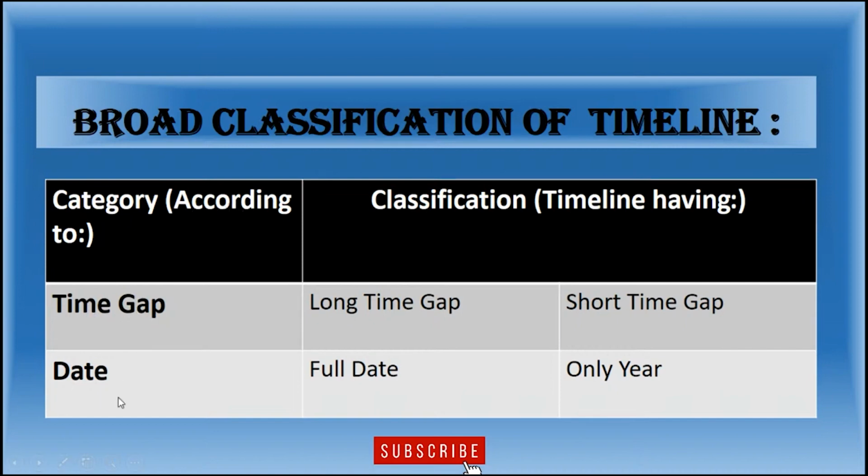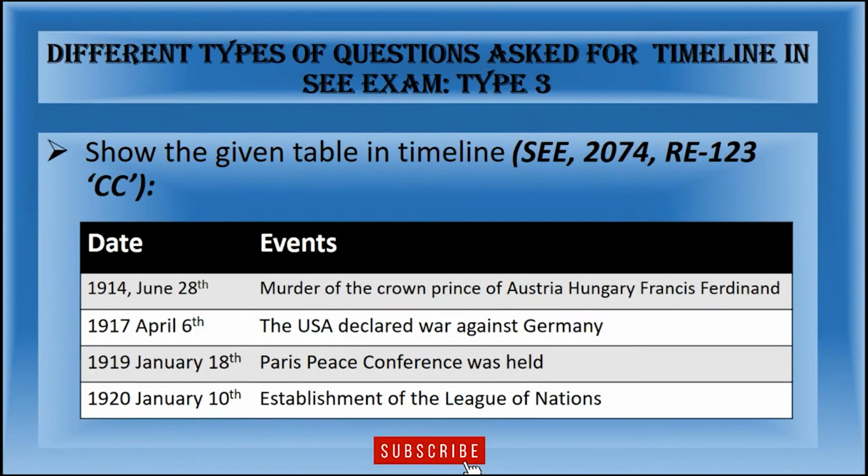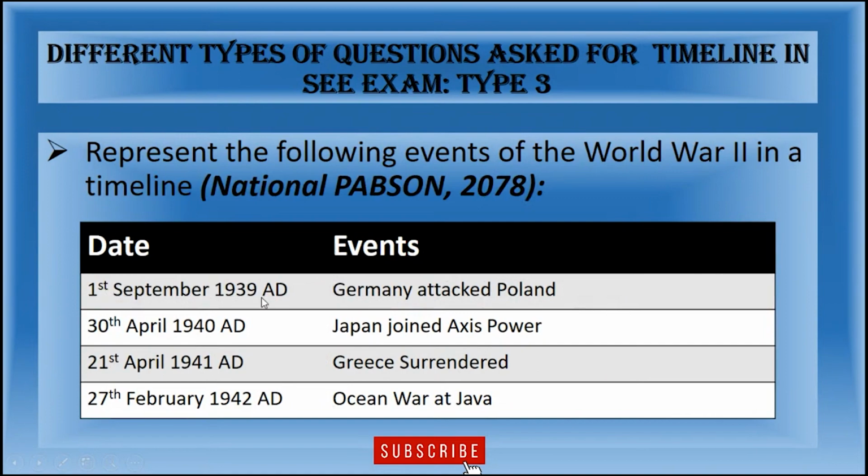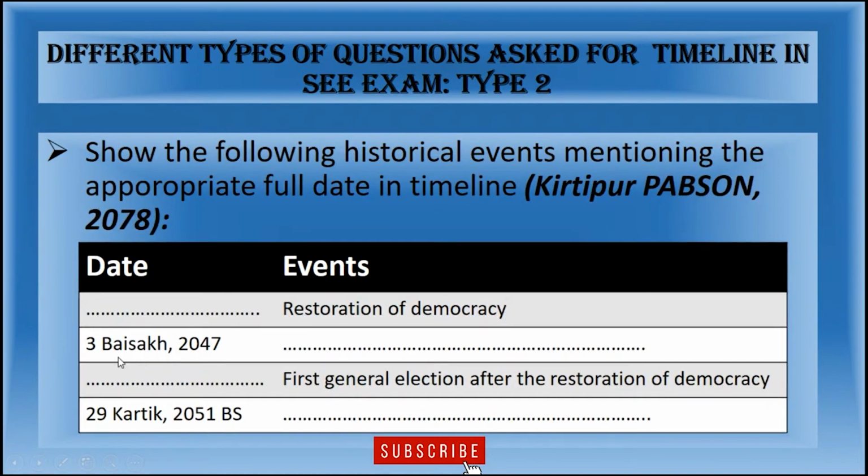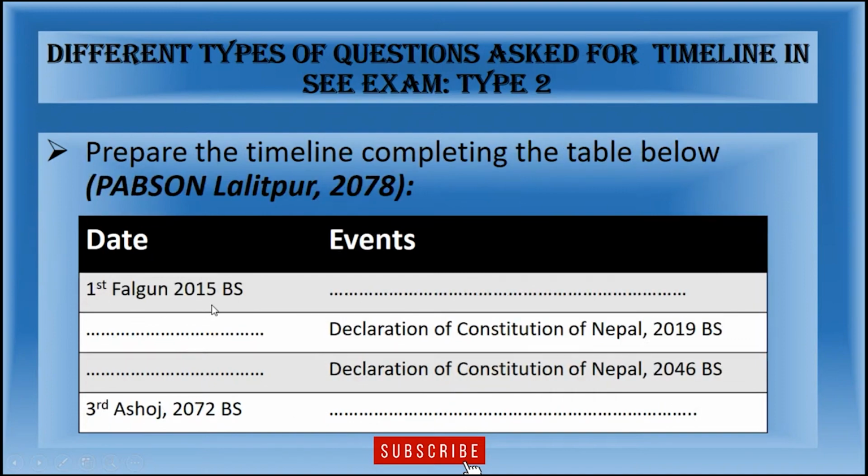We clearly saw category according to date: the timeline having full date and the timeline having only the year. So these two categories we can make. The timeline having full date means this has got full date, and this has got full date, and this also has got full date, and this also has got full date.